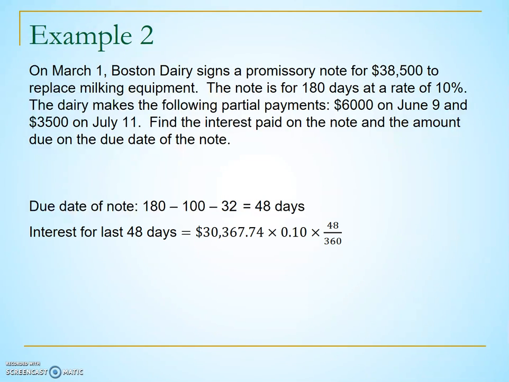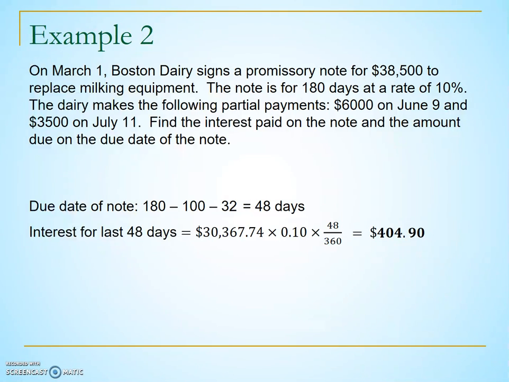The amount of interest owed for these last 48 days is $30,367.84 times 0.10 times 48 over 360, or $404.90.